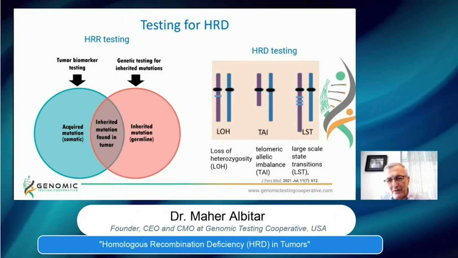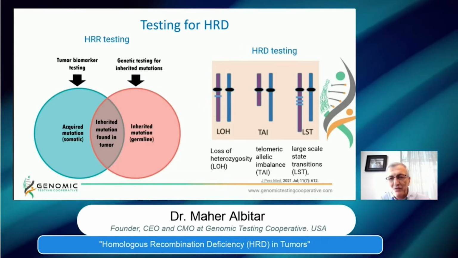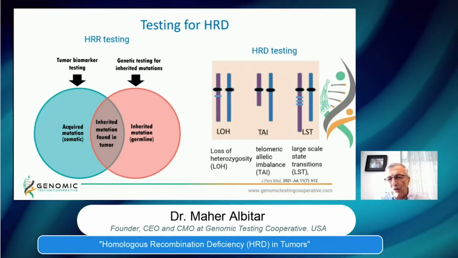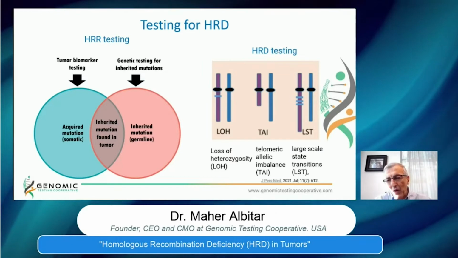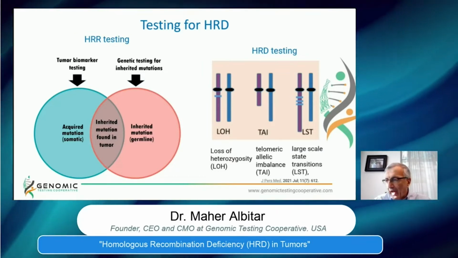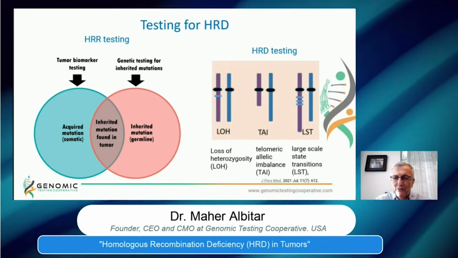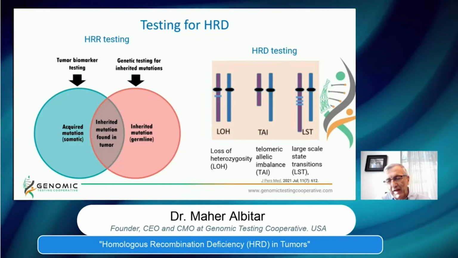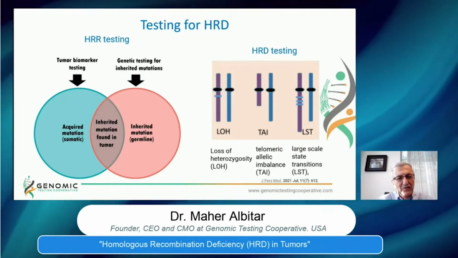Or by looking at telomeric allelic imbalance, where you can lose fragments of the end of one of the chromosomes, or the large-scale state transitions, where you have multiple breaks in less than 10 megabases of DNA, and you can look at that.